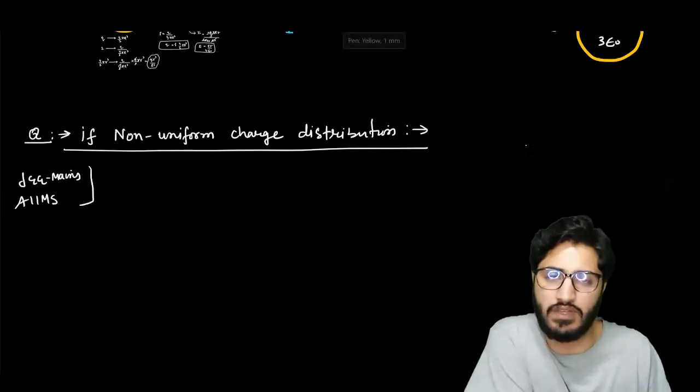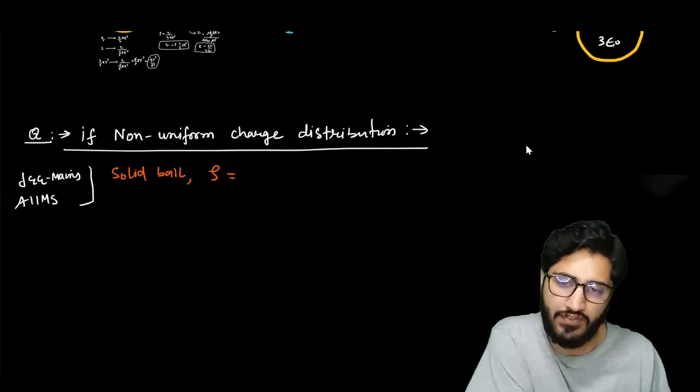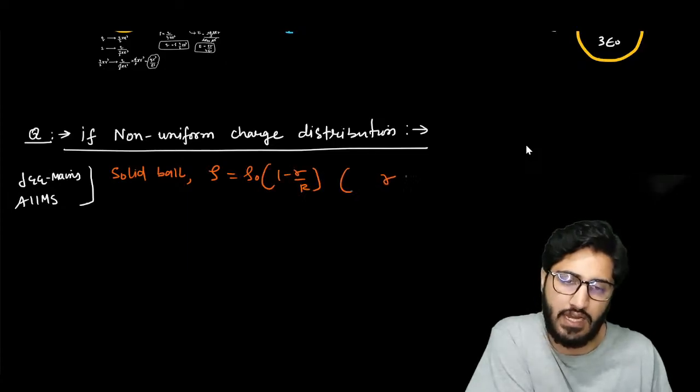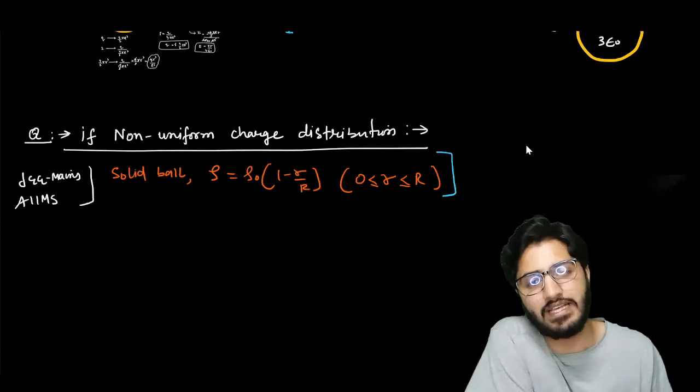It gives us that we have a solid ball, and the density is given to be rho naught times (1 minus r by R), and we need to apply it if r is less than or equal to R and greater than or equal to 0. That means my density varies inside the ball.